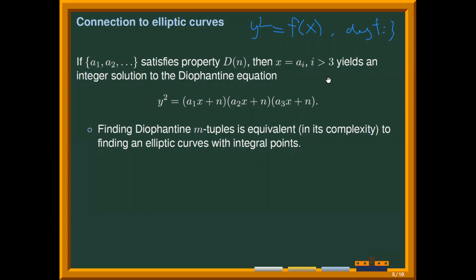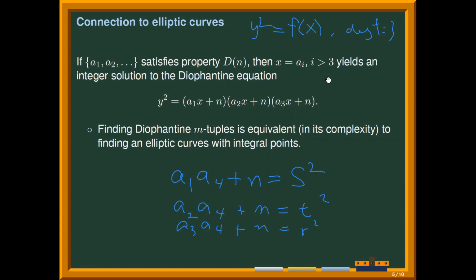Then by definition, a1 times a4 plus n should be a square, say s squared. And a2 times a4 plus n should give you another perfect square, say t squared, and a3 times a4 plus n should give you some r squared.